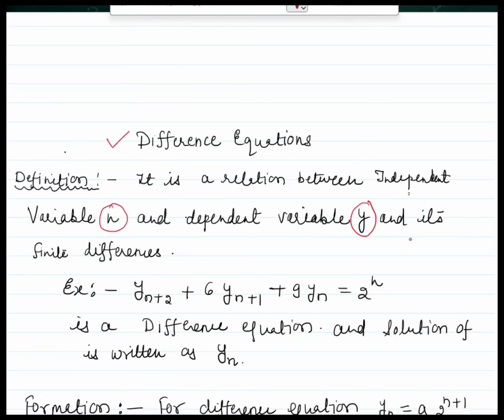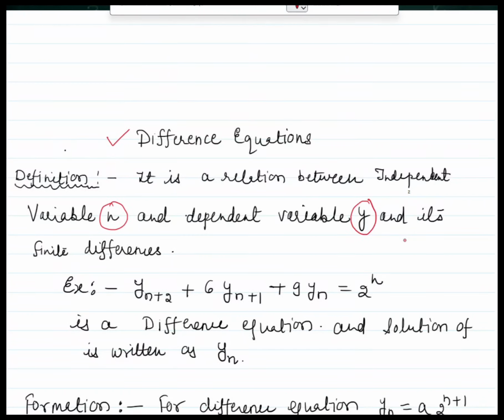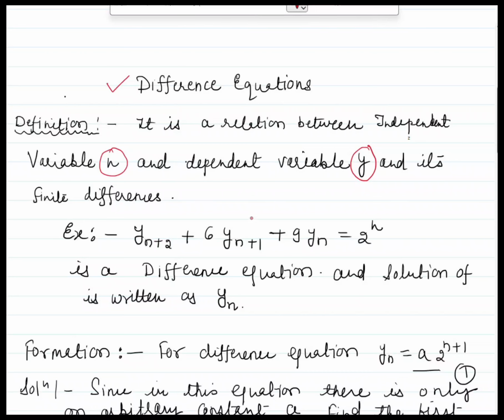So difference equation is a relation between variable n and dependent variable y. We can write an example like this: y of n plus 2, where y is the variable which is dependent on n, independent variable n.